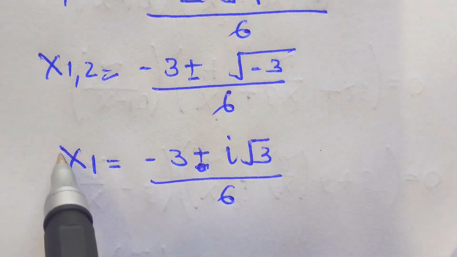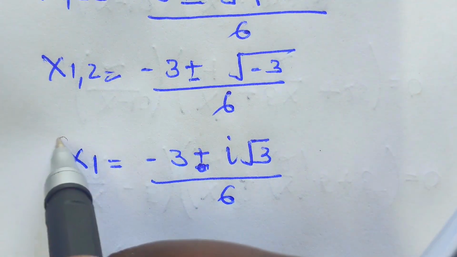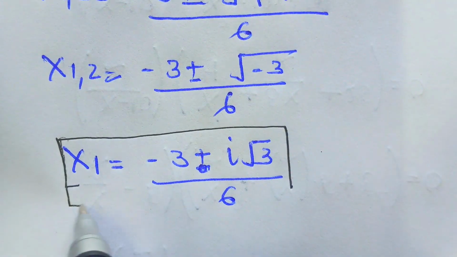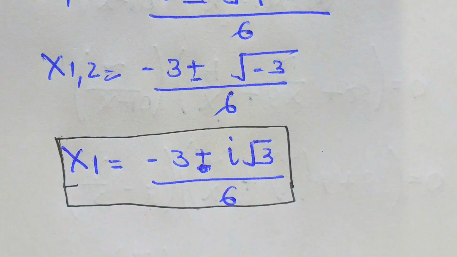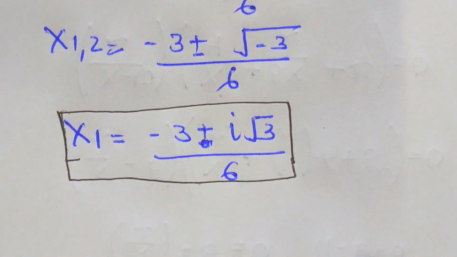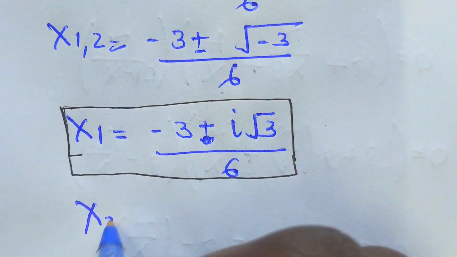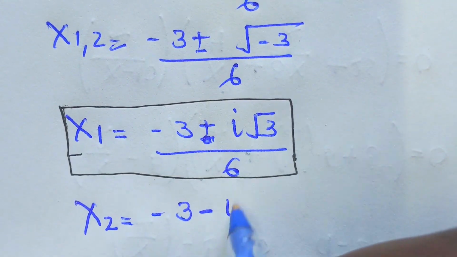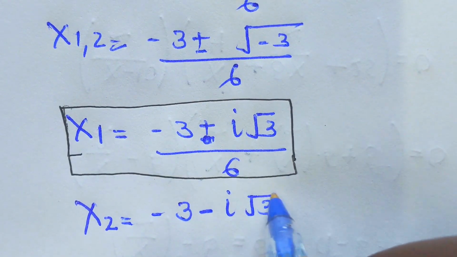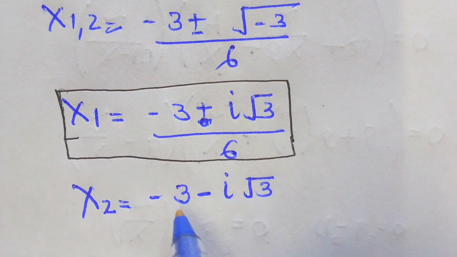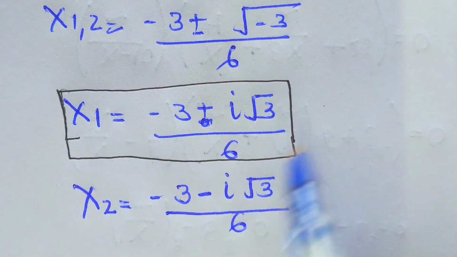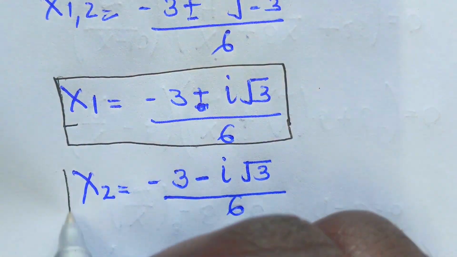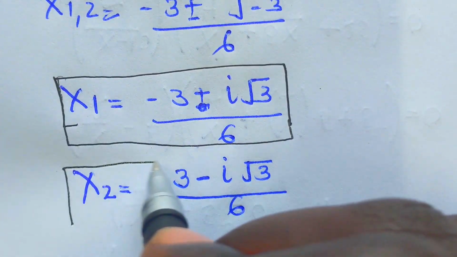This is x1, equal to (-3 + i√3)/6, and we can say x2 equals (-3 - i√3)/6, right? And this is what we have right here.